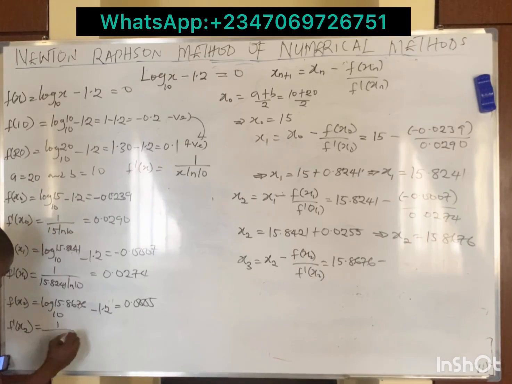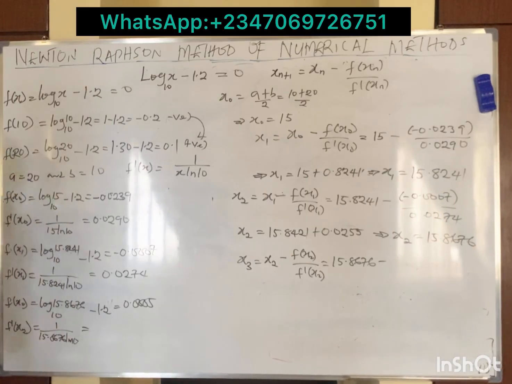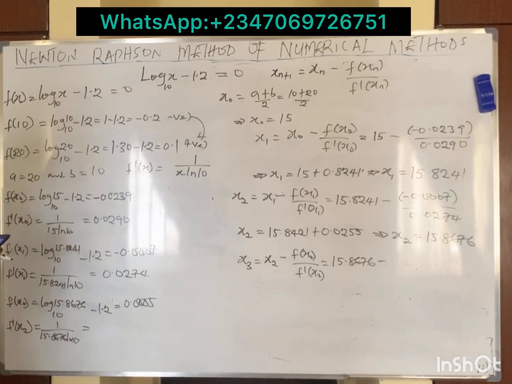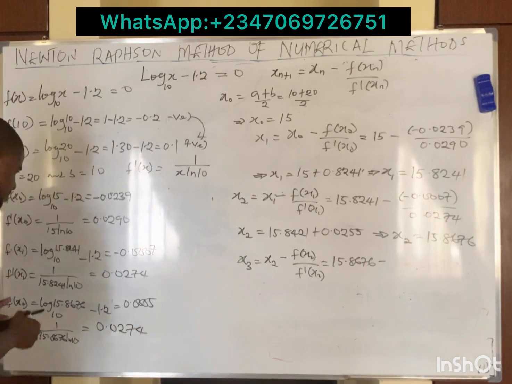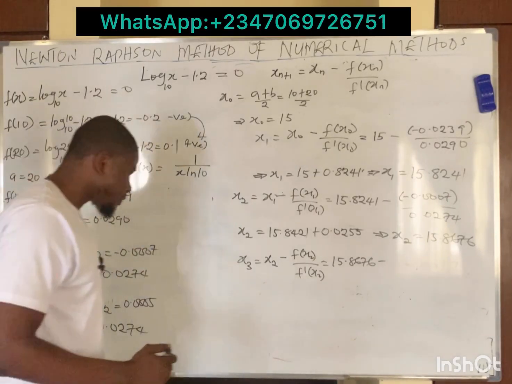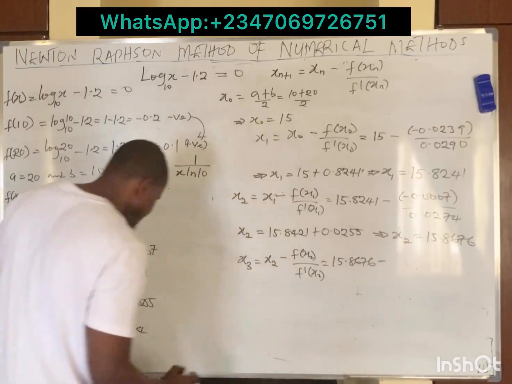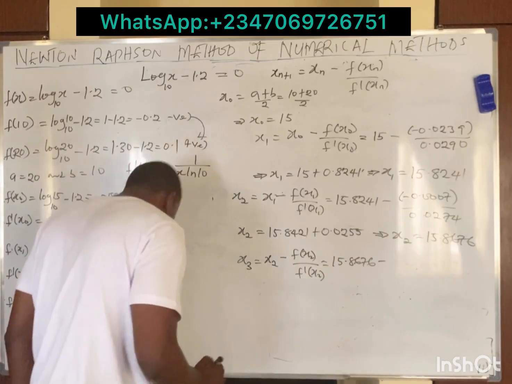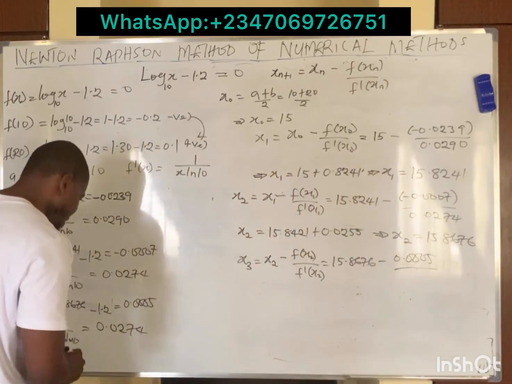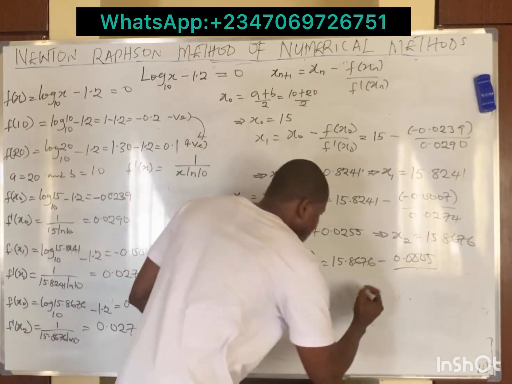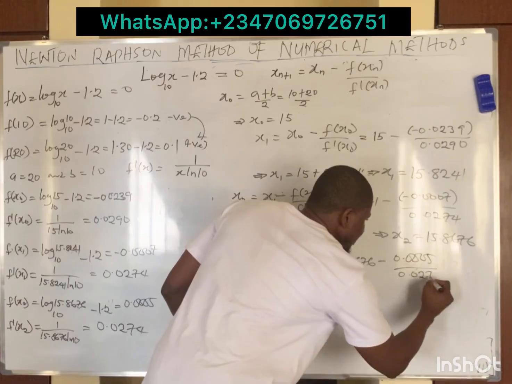Then we find f prime of x2. This is going to be 1 all over 15.8676 ln 10. So let's punch everything together: 1 divided by 15.8676 multiplied by ln 10. This gives us approximately 0.0274. So we plug that into the formula: f of x2 gives us 0.0005, divided by f prime of x2, which gives us 0.0274.